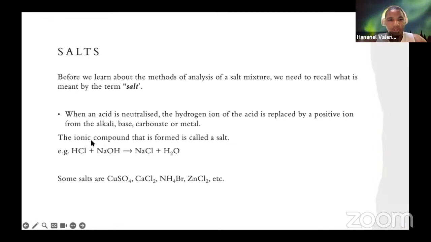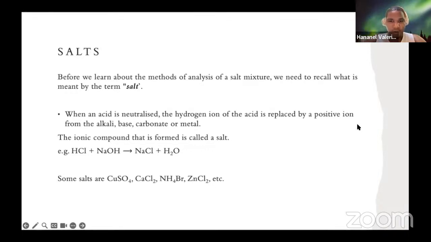So salts. What is a salt? Remember when we did acid and base reactions, an acid is neutralized: the hydrogen ion is lost and is replaced by a positive cation, whether from an alkali, a base, a carbonate, or a metal.